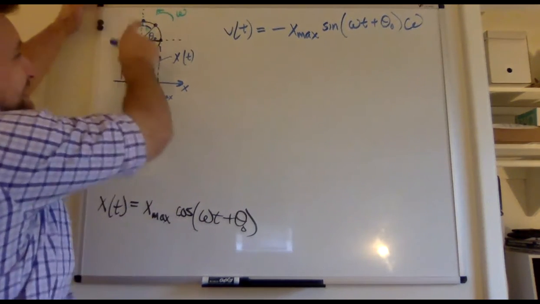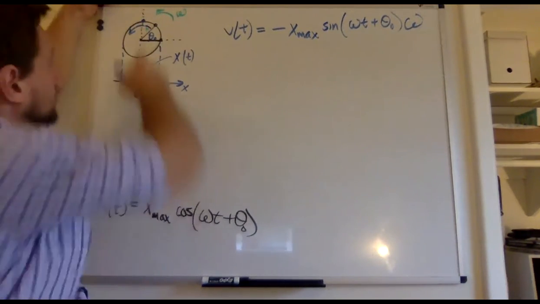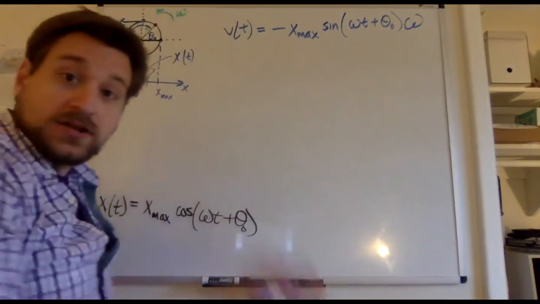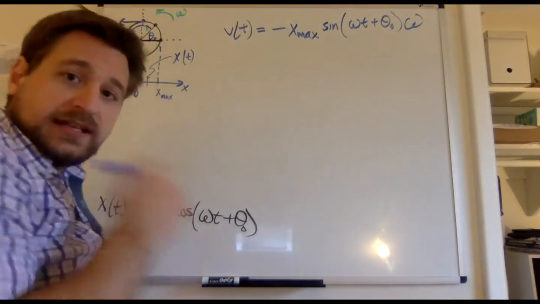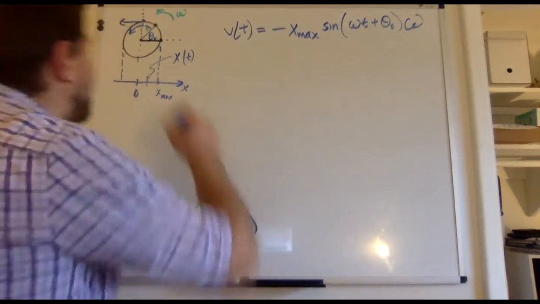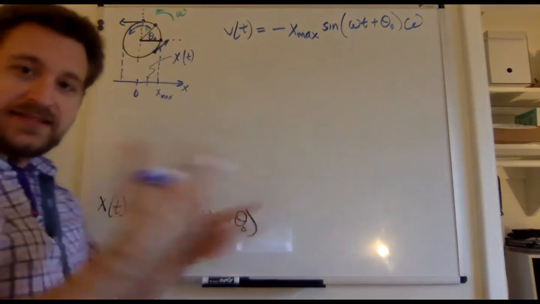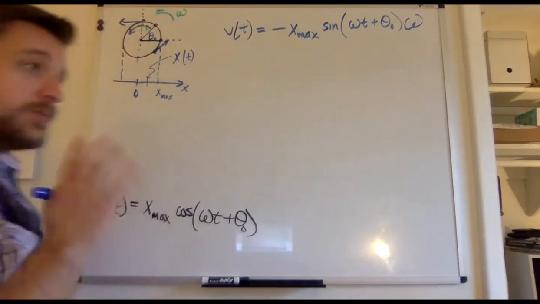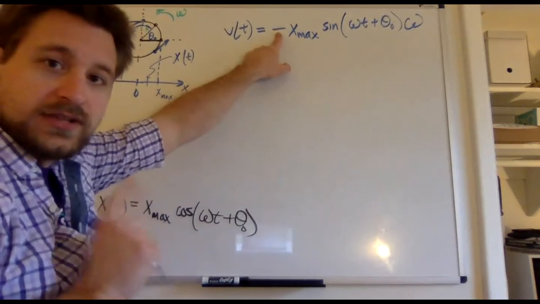At that instant, we know the velocity of this rotating object. It's only tangent to the circle. The velocity is always tangent to the circle. But in this case, we know that it is entirely in the x direction. At any other time, the velocity might have a tangent that has some x component and some y component, but at the top, we know that it only has an x component directed to the left.